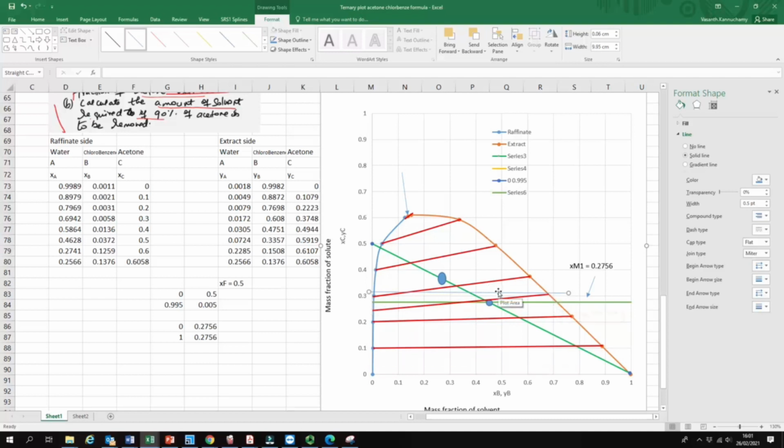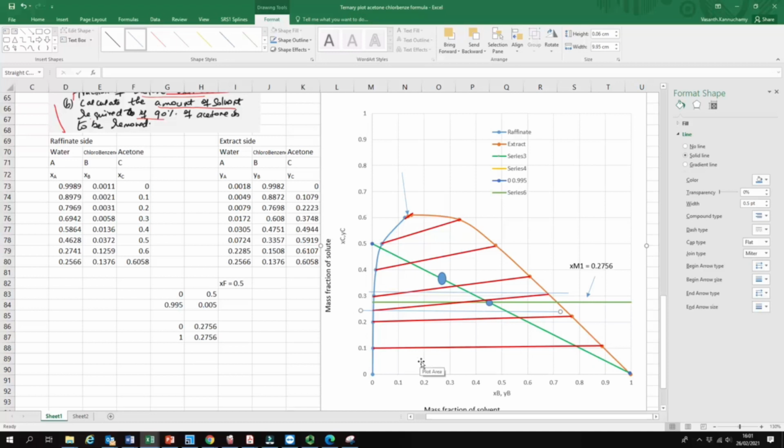And if you take another blue line which hits the bottom somewhere here, this point on the y-axis should give the mass fraction of your solute in the raffinate.